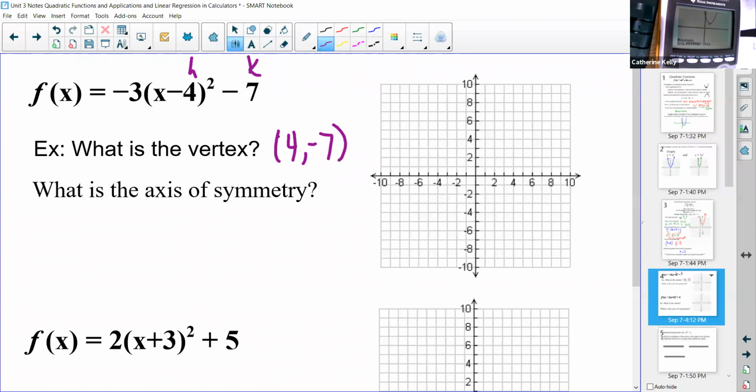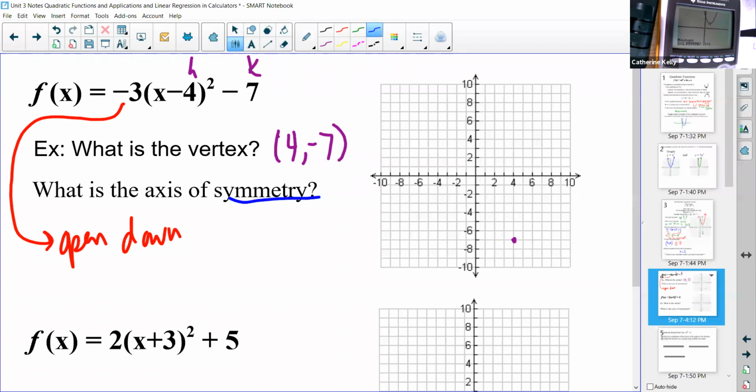If I go over 4, down 7, that's my vertex. It's going to open down because that's a -3. And then the axis of symmetry would be x equals 4.